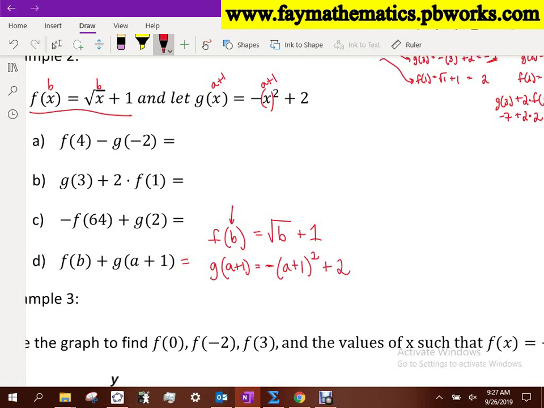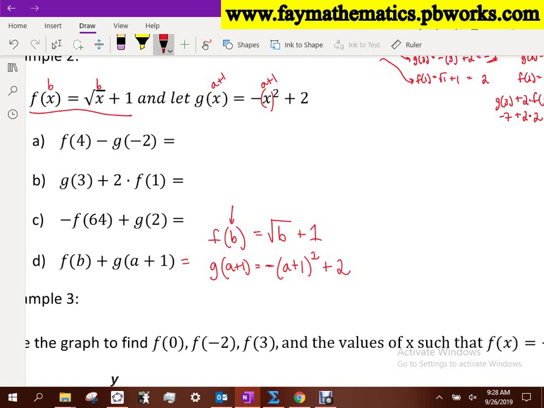Okay? Now, you see it on the whiteboard up here, this here would be the sum of f of b and g of a plus 1. Does that make sense? It's just taking those two things we have in red over there, slapping a plus sign between them right there, and we've got their sum, right?